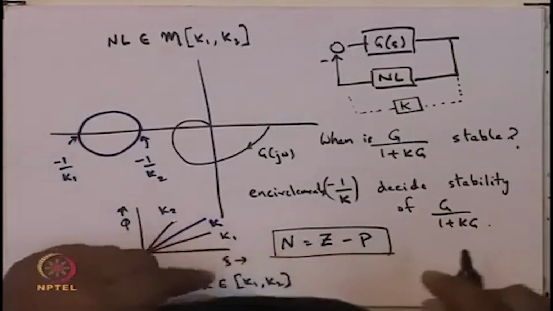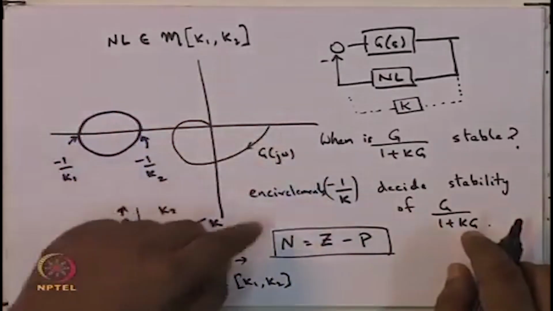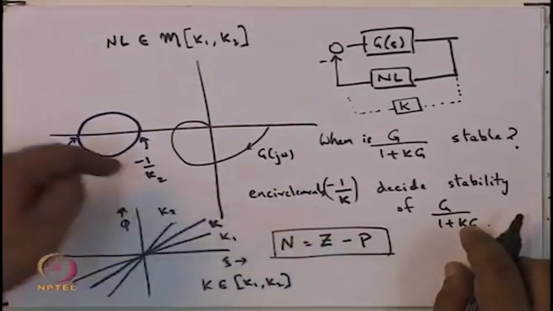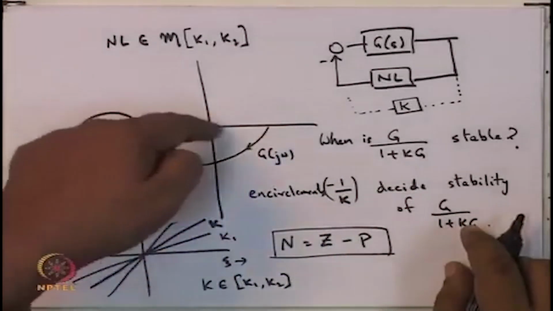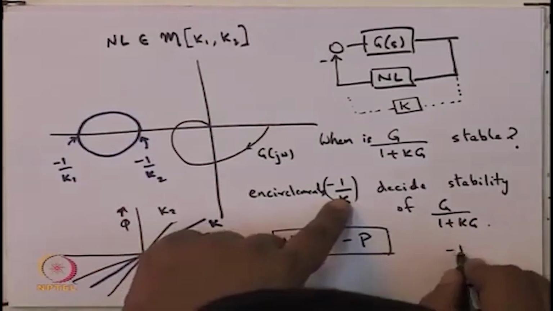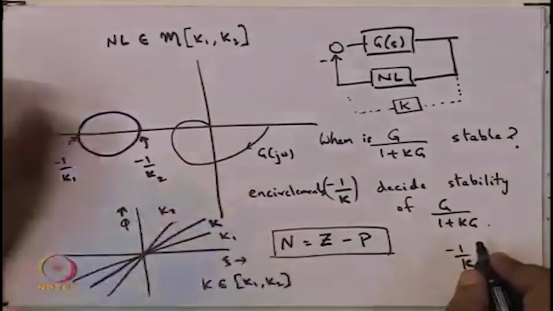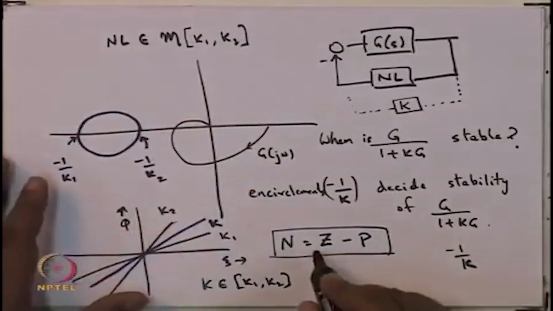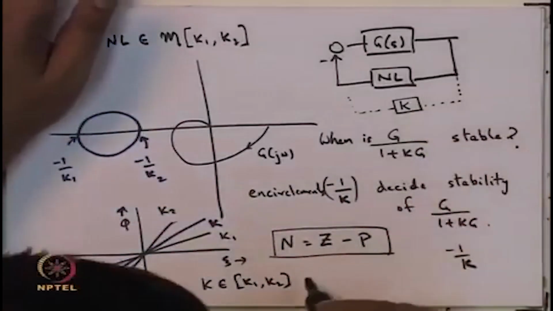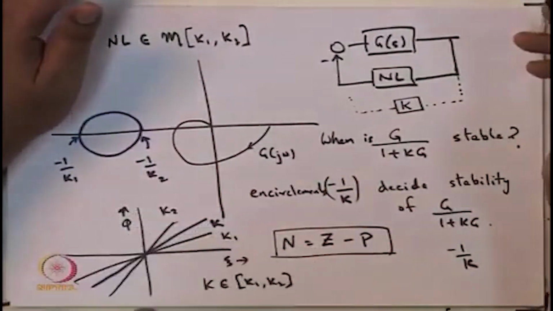And what that translates to is, depending upon the number of right half zeros or right half poles of g of s, one can specify that this g of j omega should encircle this particular point minus 1 by k the appropriate number of times in the clockwise or the anti-clockwise direction, depending upon whether the number of zeros in the right half plane is larger, or the number of poles in the right half plane is larger.